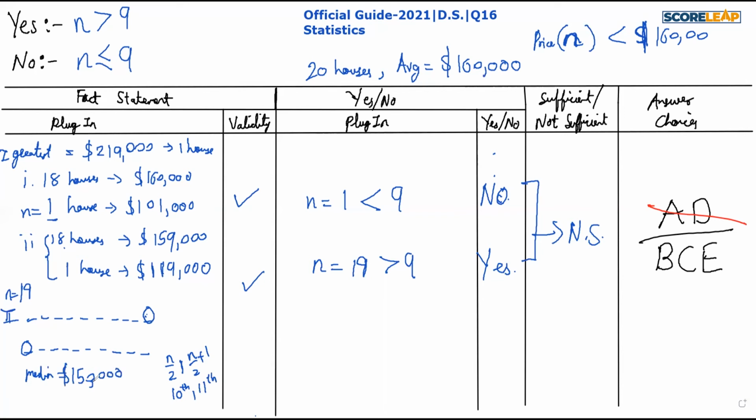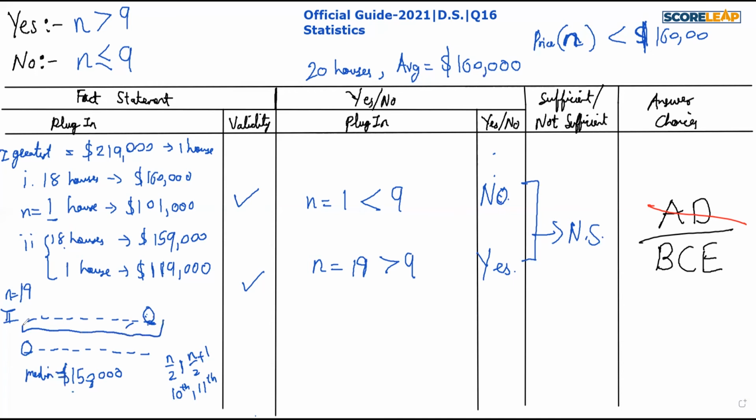So the first 10 values will definitely be less than or equal to $150,000, because $150,000 is the median. The 10th value has to be less than or equal to $150,000, and the values are arranged in ascending order.